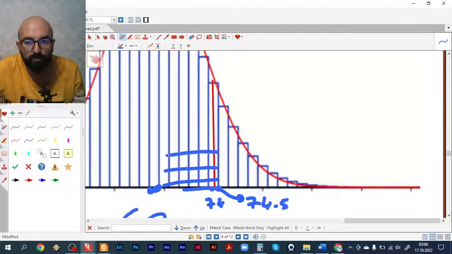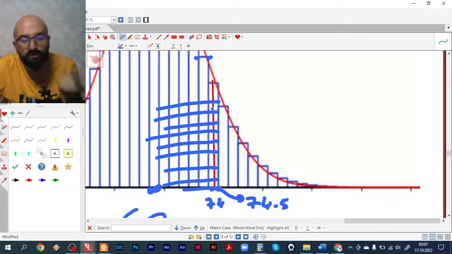When you use the normal distribution, you should use rectangle bounds. In the Poisson distribution, all values show us the middle of the rectangle.